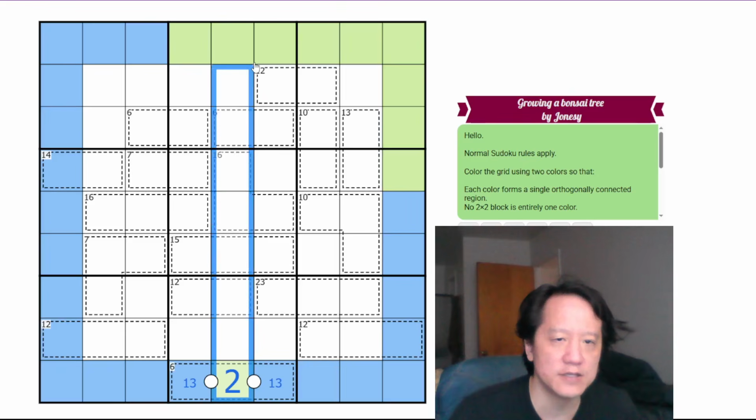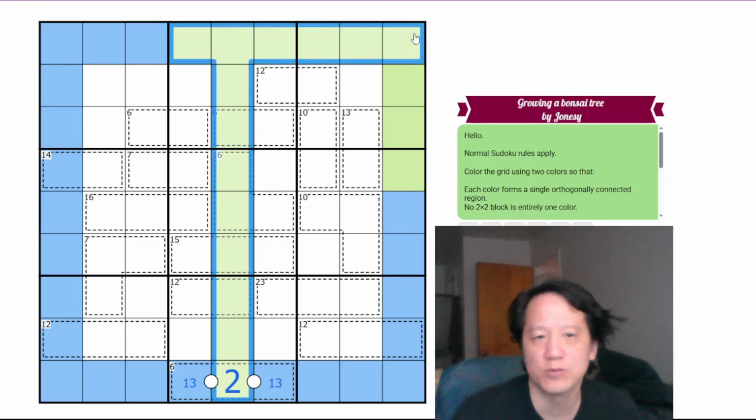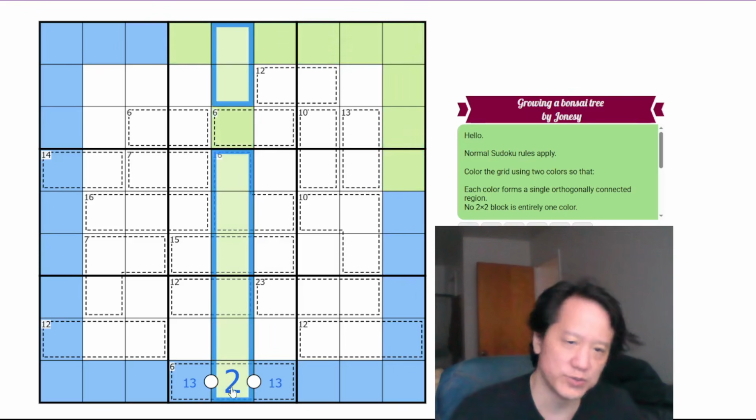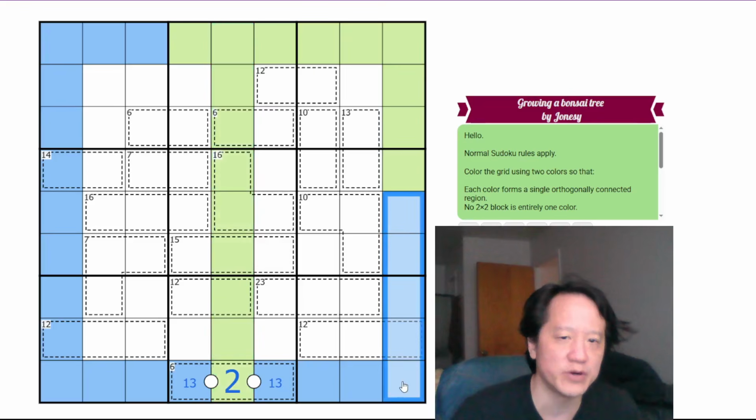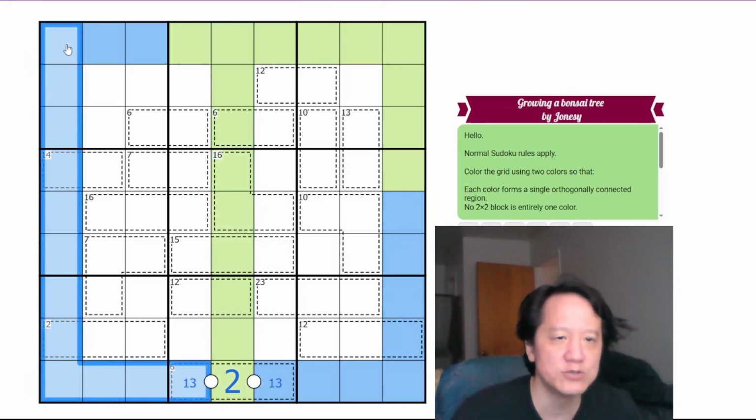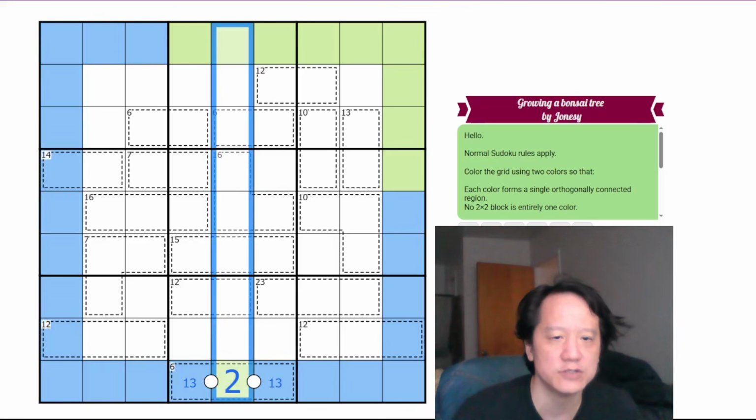You have to connect this to the other green cells orthogonally, right? Where they can go from any edge to any other. You can go from any cell in the region just by going through edges while staying within the region. But the problem with doing this is that it breaks apart the blues into 2 separate regions.